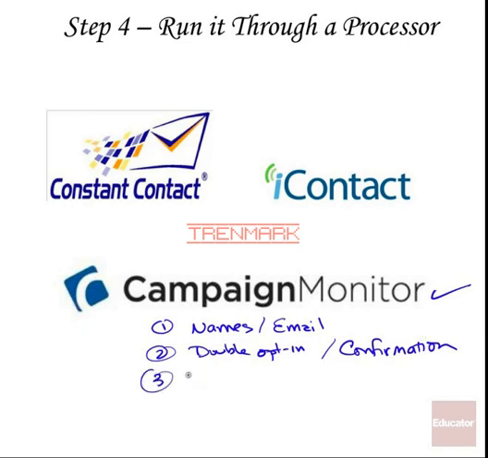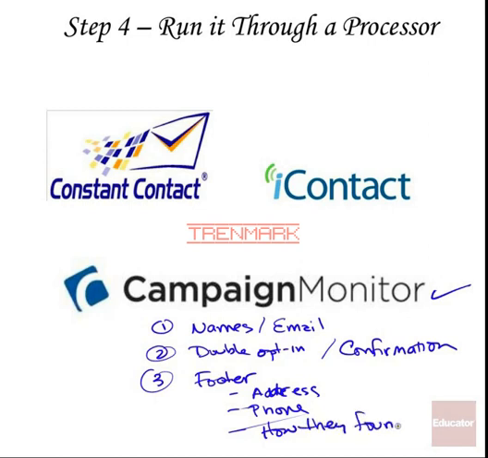Then the footer of your newsletter, the bottom part, should have your address, phone, and how they found out about you. And then of course, last but not least, you have to allow them to opt out if they want to opt out. So that's the most important thing.